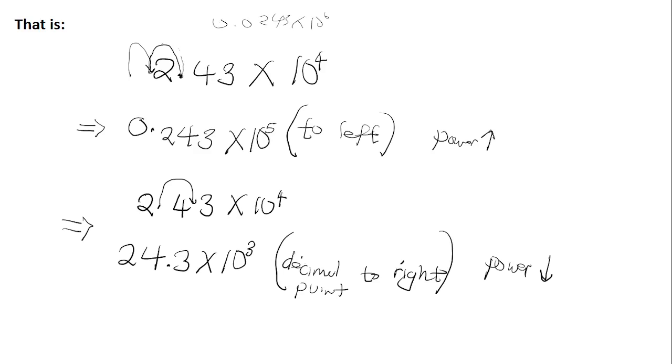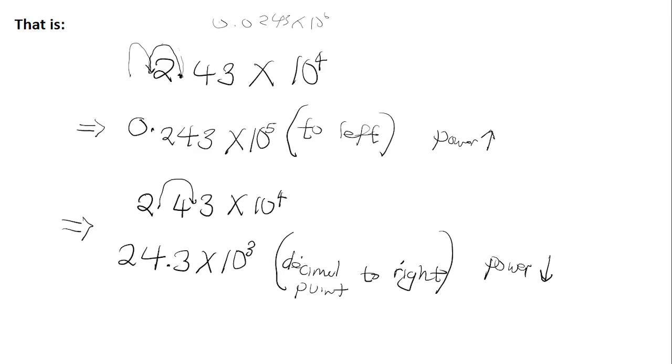Then I wanted to ask, how are we supposed to know whether this point is supposed to move left or right? I think I'm going to answer that question in our next example. I think it's going to make sense when I do an example. Let me just do the example, then if you want to understand, you can ask again. All right, thank you.